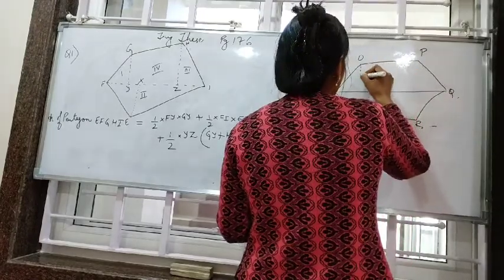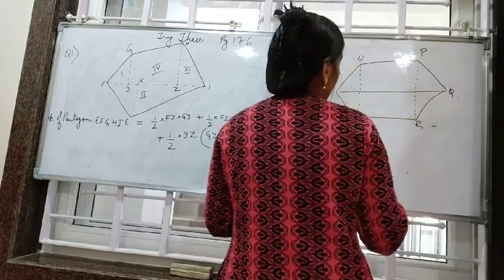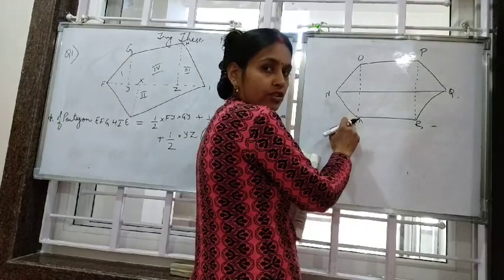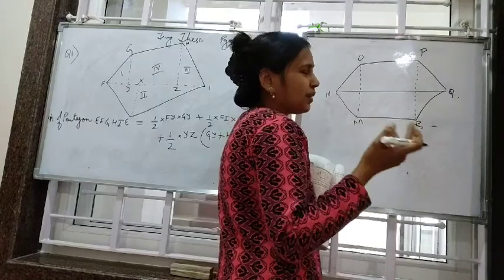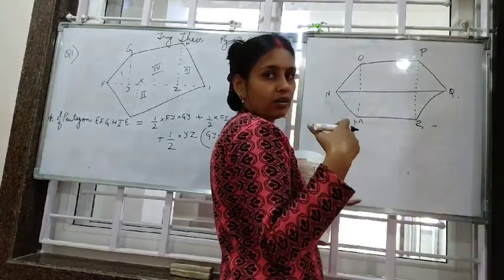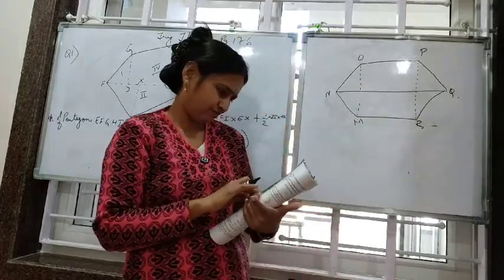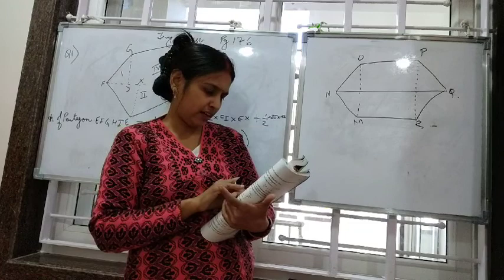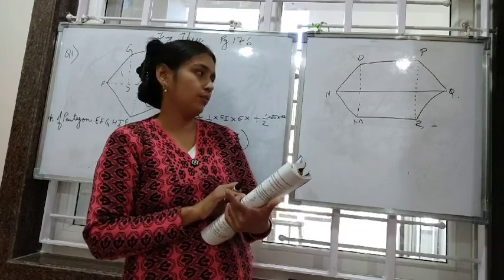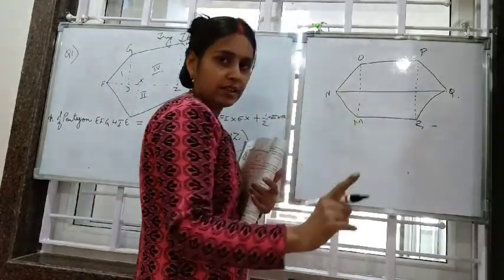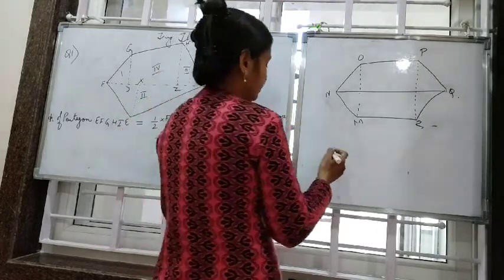Divide it like this. So area of this triangle plus area of this triangle plus area of this trapezium or rectangle or rhombus, whatever it is coming. I think it's coming like a rectangle, children. So you can take it as a rectangle or you can take it as a trapezium also, no problem. So let's do it because it's written trapezium and triangle, so we will do that only.